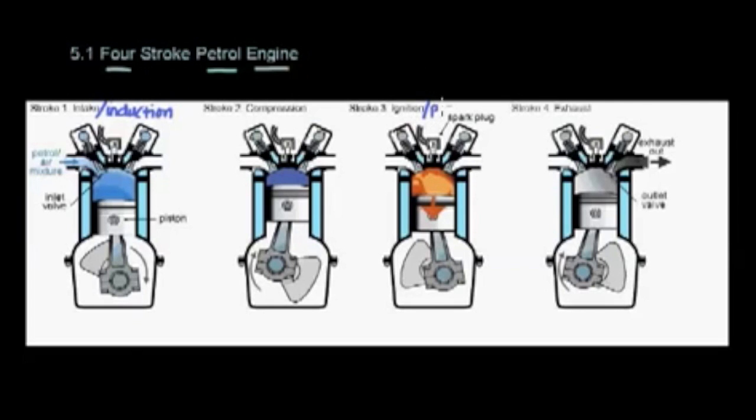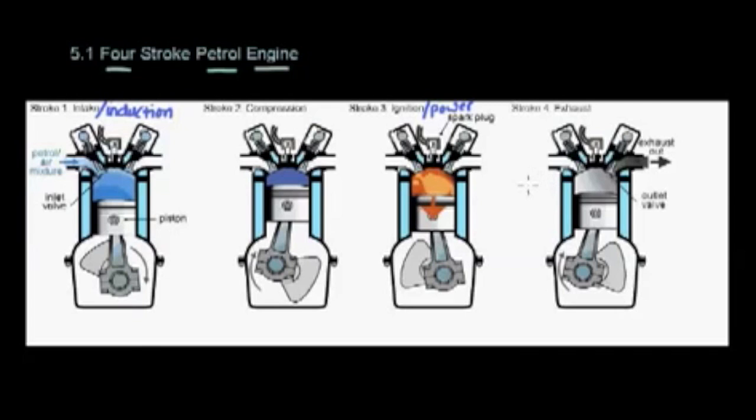And the fourth one is the exhaust stroke. So we have 4 strokes, induction stroke, compression stroke, power stroke, as well as exhaust stroke. Most cars have 4-stroke petrol engine, which contains 4 cylinders that look like this.